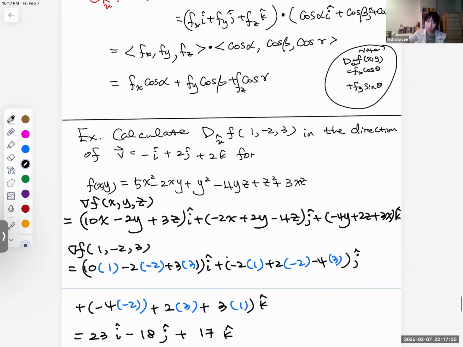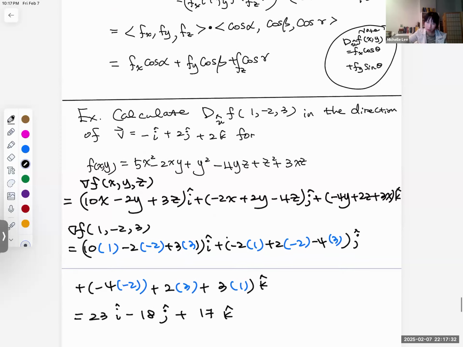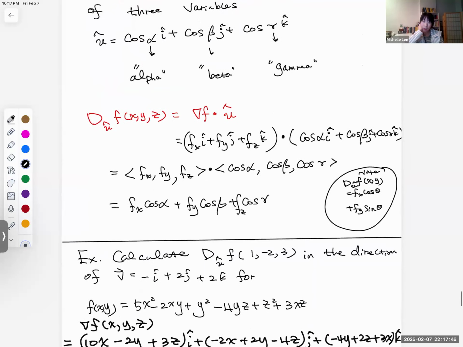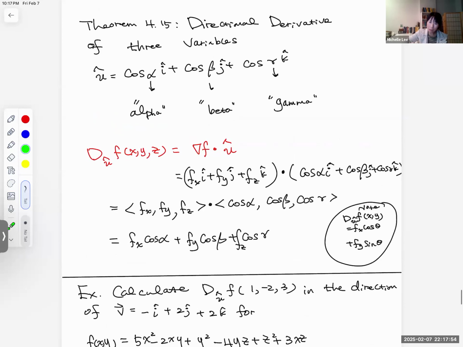Okay, now we want to know about the cosine alpha, cosine beta, cosine gamma, right? But then we don't have any information here, right?